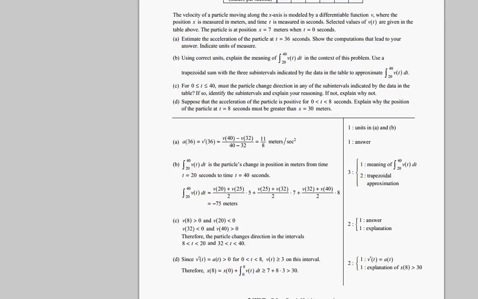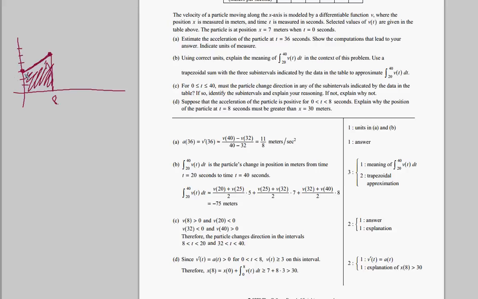Okay? Now, when I was going through and thinking about this question, I just drew out here this velocity data. I know that at time 0, it was 3 units, and at time 8, this is coming from the data in the table, which I don't have on there, it was 5 units. And I know that it was always increasing over that. So if I'm talking about position, I'm talking about the area under the curve in here.